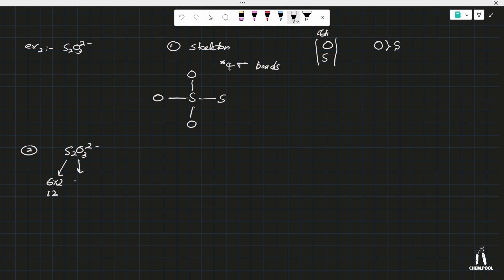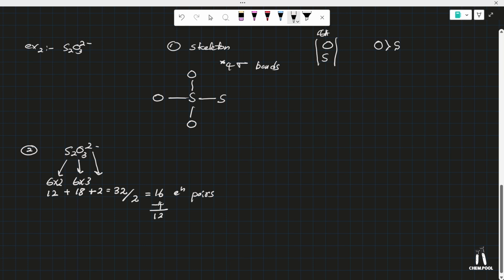Another 3 oxygen, 6 by 3, 18, plus 2 for the negative charge, means 32 electrons, and I divide this by 2, and 16 electron pairs, right? Then what I do, subtract 4 bond pairs and the remaining is 12.